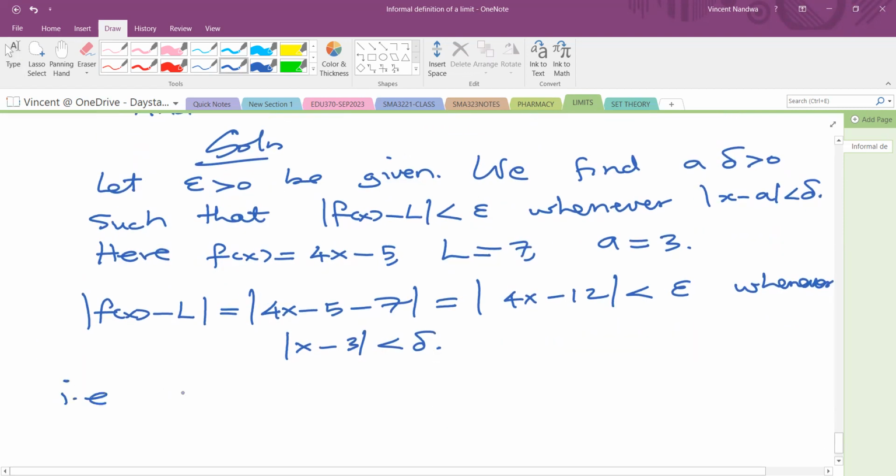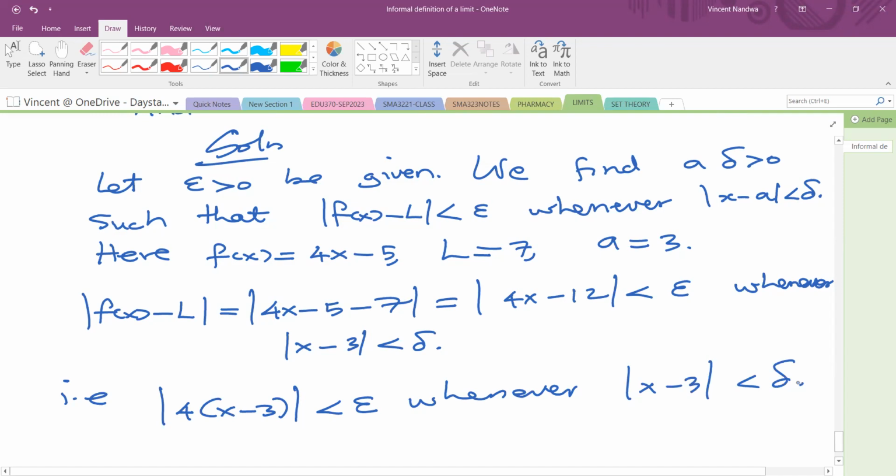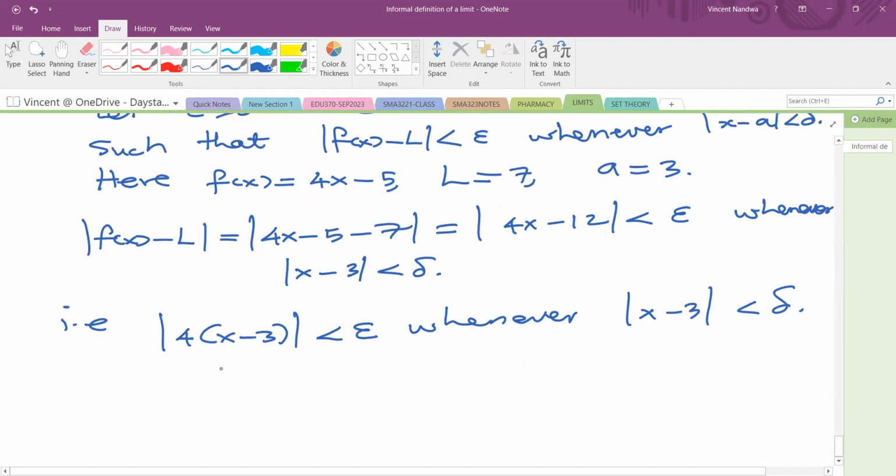So the same will mean, the common factor for 4x and minus 12 is 4. So we'll have the absolute value of 4 times x minus 3 is less than epsilon whenever the absolute value of x minus 3 is less than delta. Then you get the absolute value of 4 multiplied by the absolute value of x minus 3 is less than epsilon whenever the absolute value of x minus 3 is less than delta.